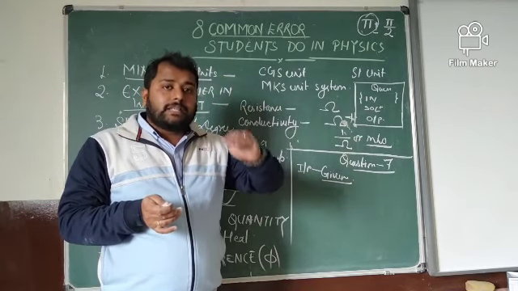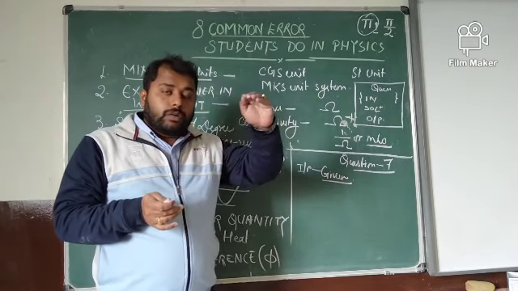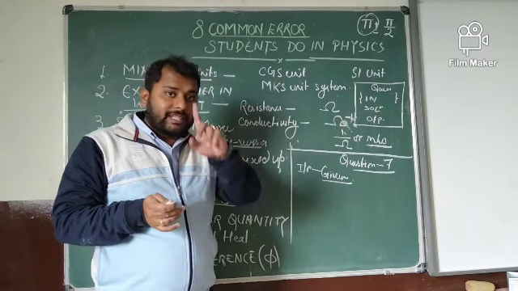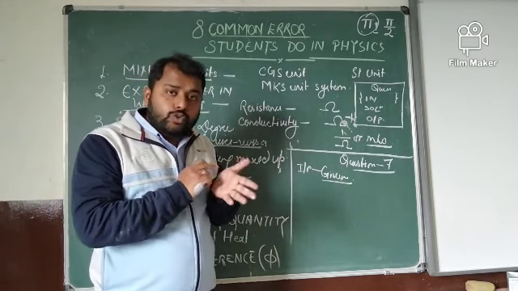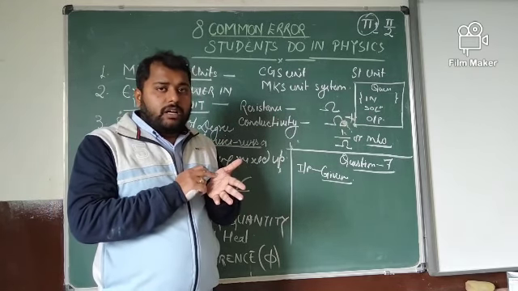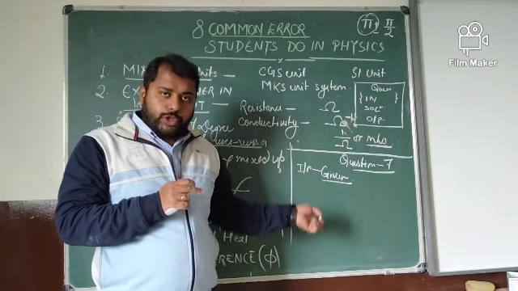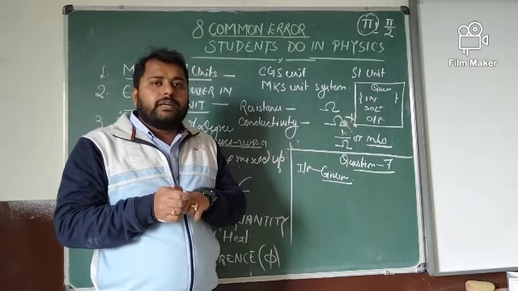that there are steps on which marks are distributed, and there is one step, that is if the student has written the formula which is applied in that question, you have to provide the marks.